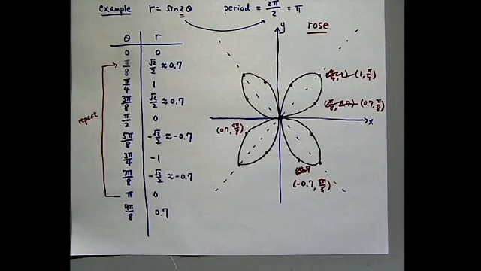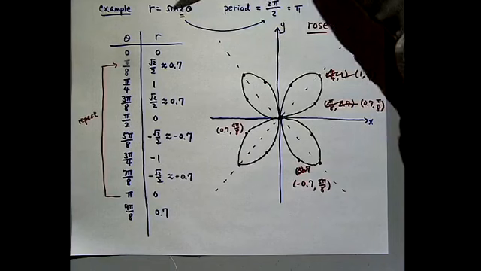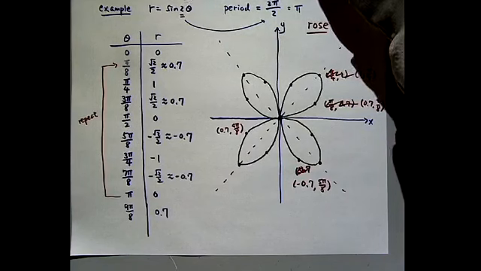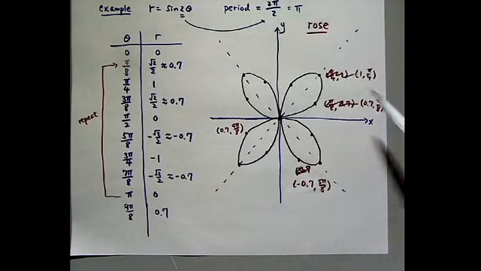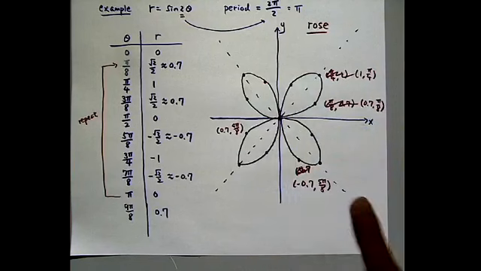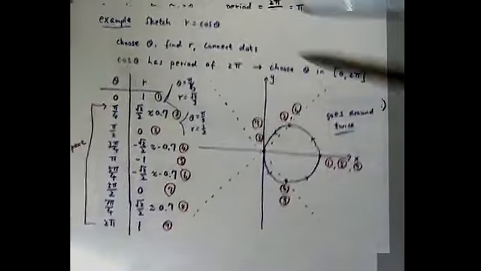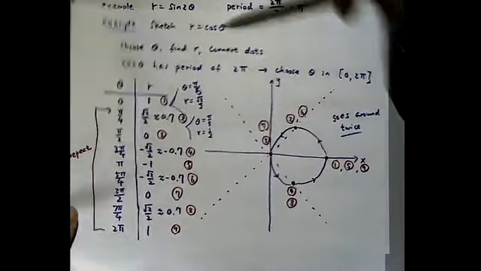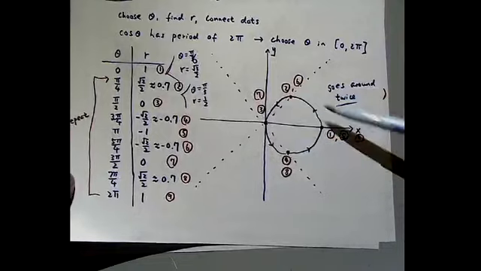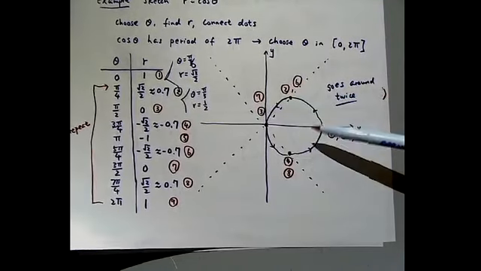In fact, if you sketch a few more, cosine and sine of n theta can either look like a rose or a circle. Look, we had cosine of 1 theta. We had a circle. Think of it as a rose with 1 petal.